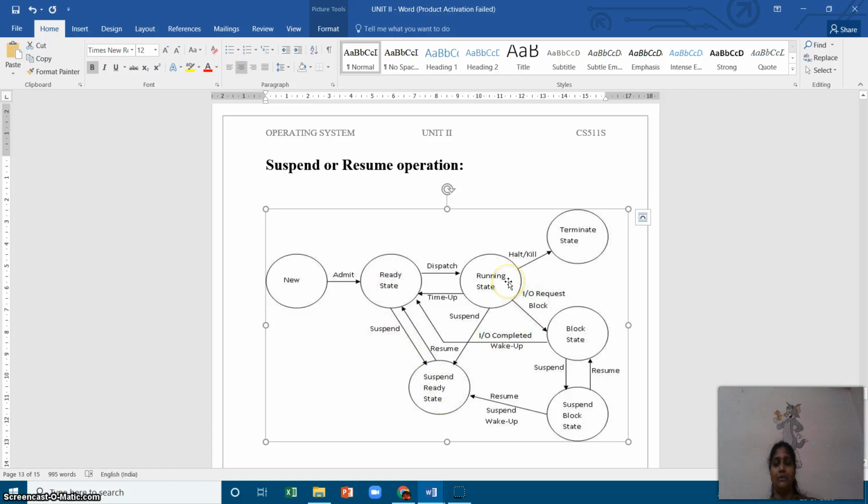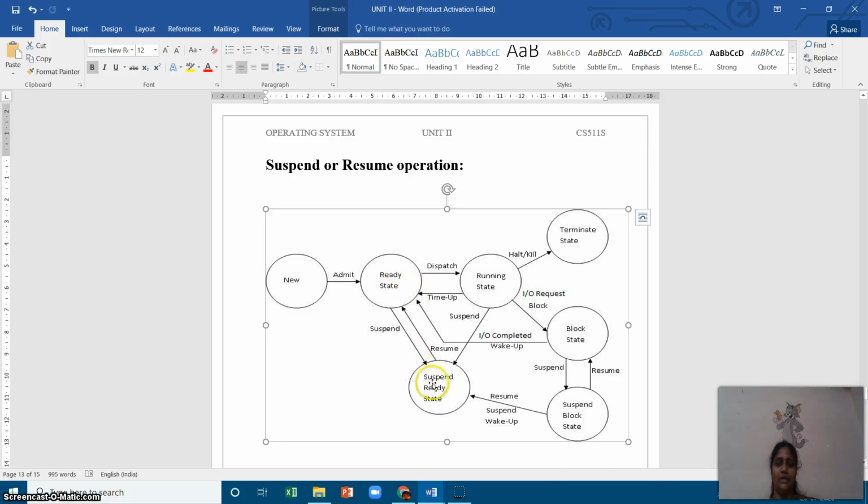Similarly, the process which is present inside your running state will be coming to your suspended ready state. After it is being free, it will be resumed. After resuming it, it will be directly going to your ready state.